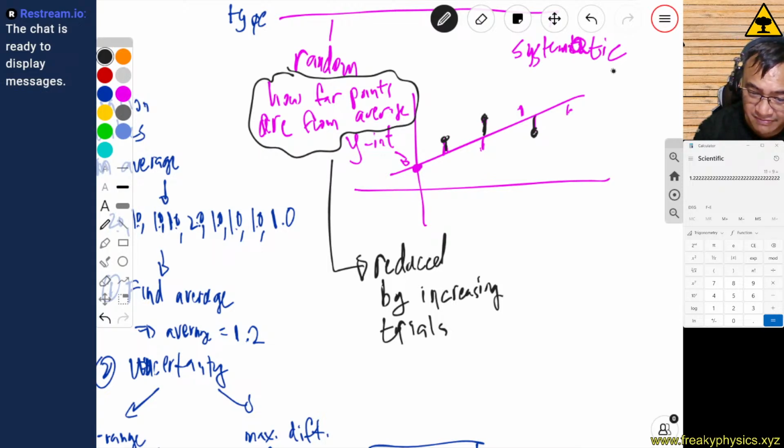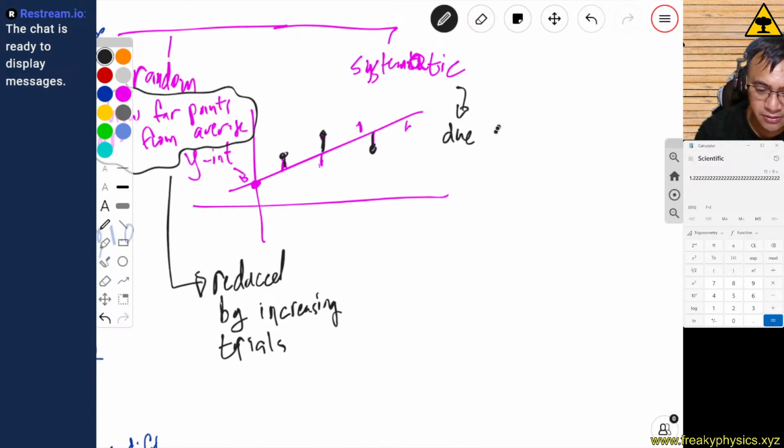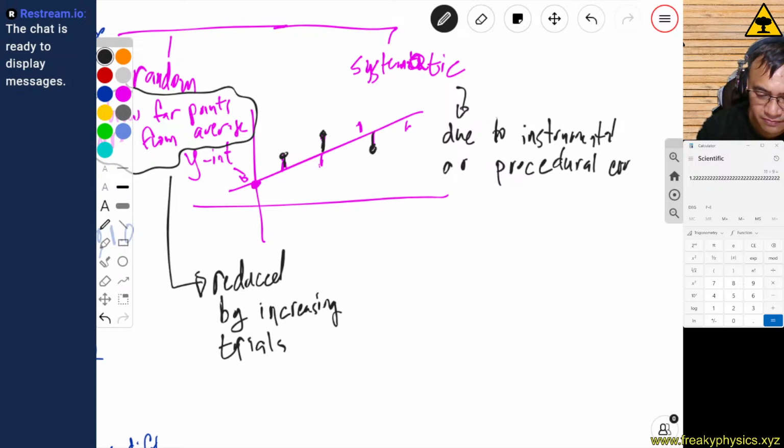Now, the systematic error is due to instrumental or measurement technique failures, instrumental or procedural errors. For example, you happen to have a ruler that is faulty. Let's say that its measurement of 1 centimeter is actually 0.95 centimeters.